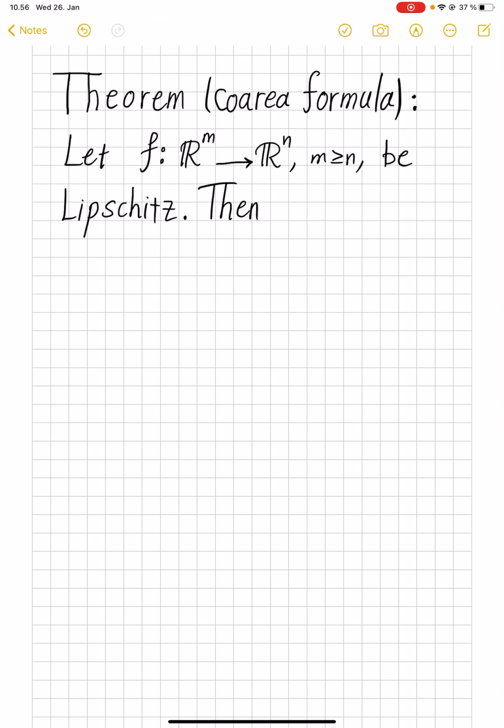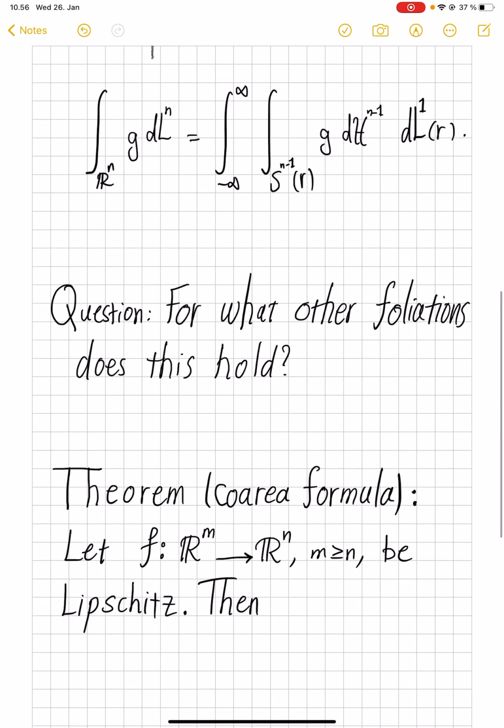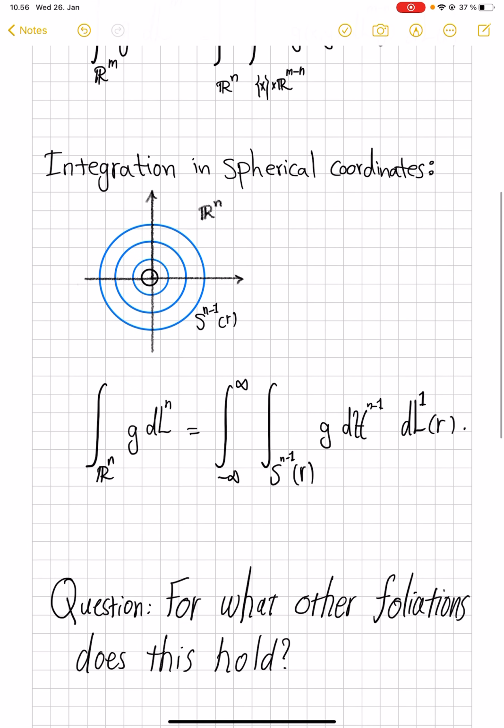It turns out that all you need is a Lipschitz function, and then the level sets of that function will do. So in these pictures above, the spheres here that we see are level sets, or fibers, we will also call them, of the function that is f of x equal absolute value of x.